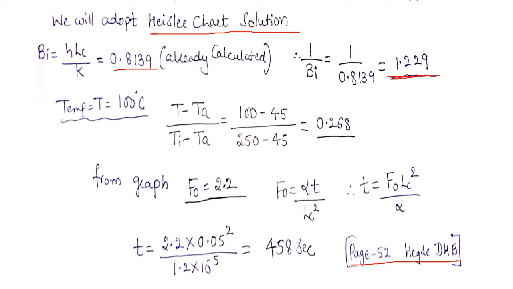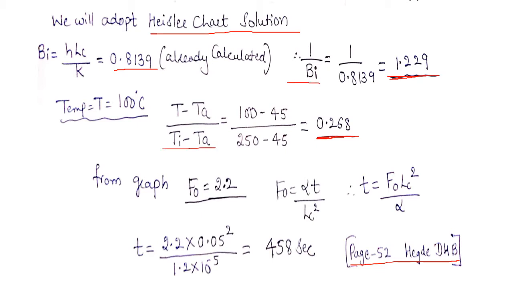T minus Ta divided by Ti minus Ta: T is 100 degrees centigrade minus Ta is 45 degrees centigrade, and the initial temperature of that steel plate is 250 minus Ta is 245. So my T minus Ta divided by Ti minus Ta value is 0.268.